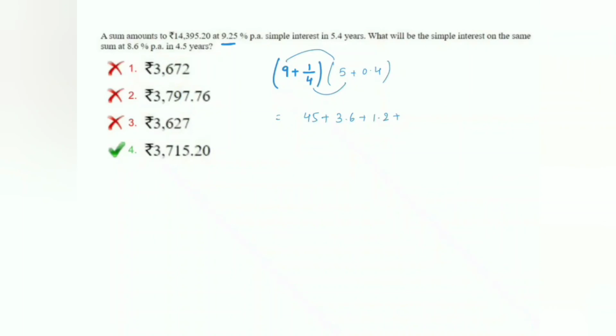So this one is nearly 0.25 into 4, so I can say it is 0.1. You're getting nearly 49.9. I can take it as 50%. So I'm taking it as 50%.